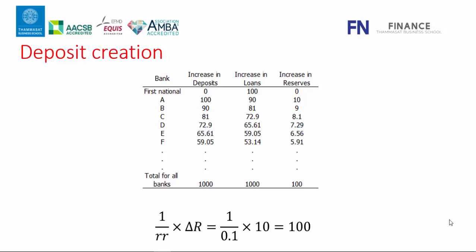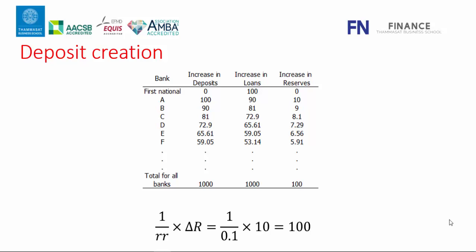And so we can use the equations below to compute the total reserves in the whole economy. And this one, 1 over RR. RR stands for the reserve requirement or the required reserve, which is 10%. Delta R is the change in reserves, which is 10.